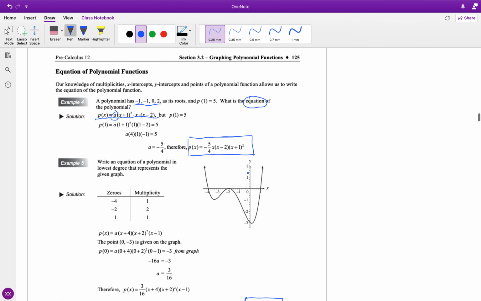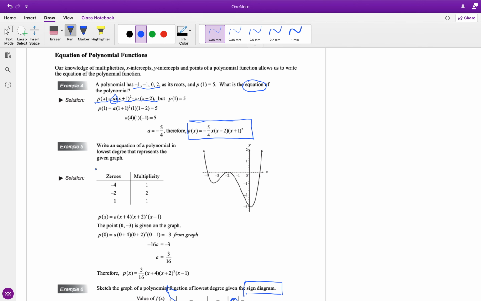Now the next one is that this information is given, and then the graph is given. See, the graph is given. And then we need to write out the equation again. So now again, from this information, we have a 0, so that means x plus 4, right?